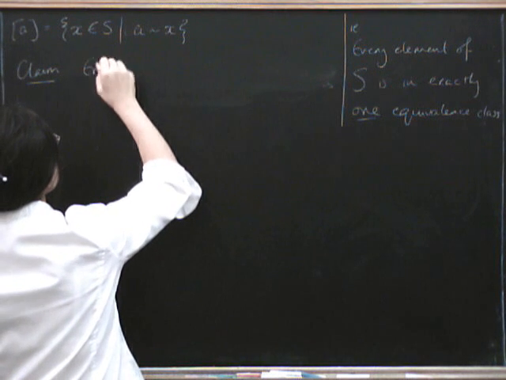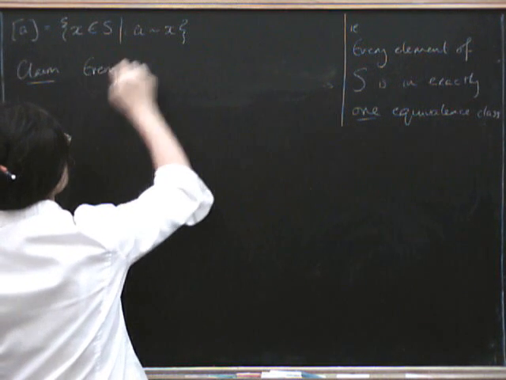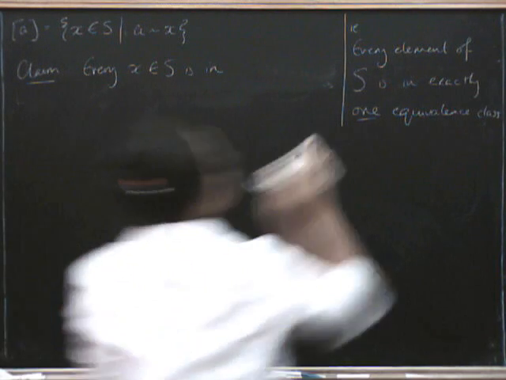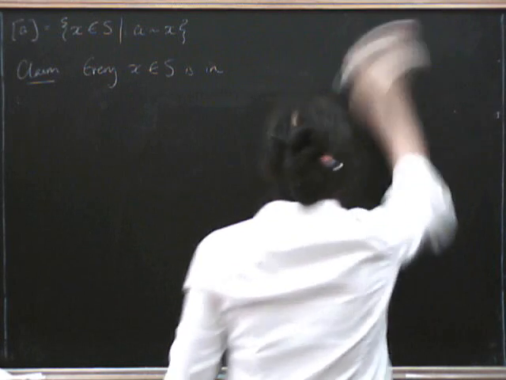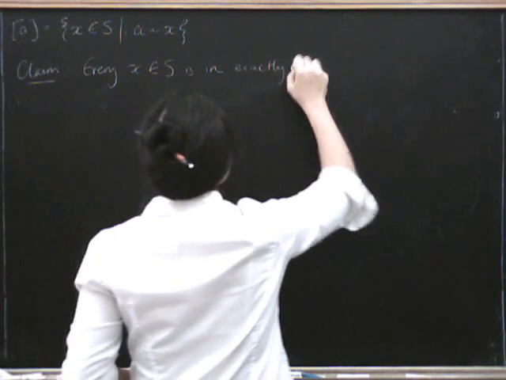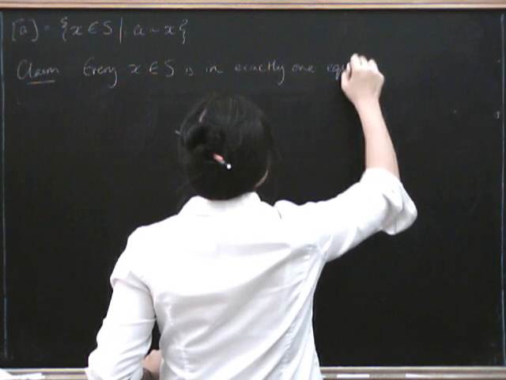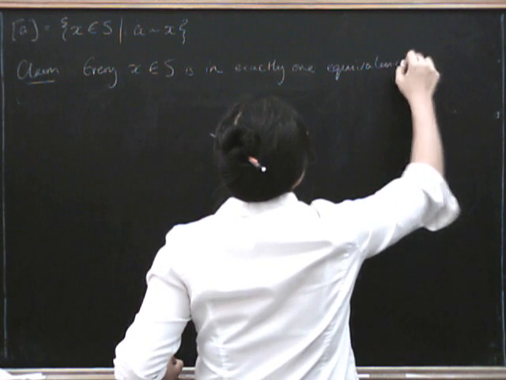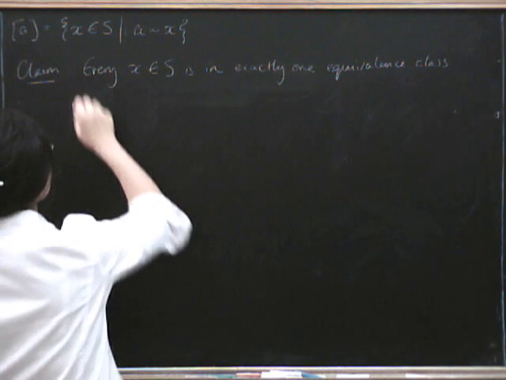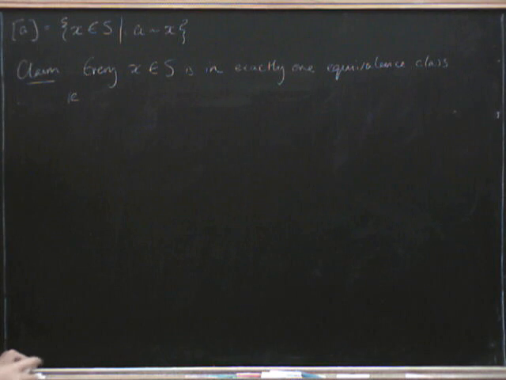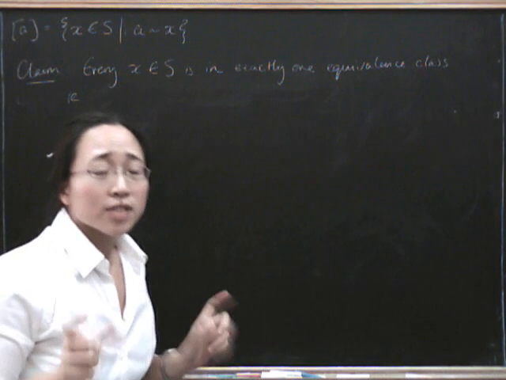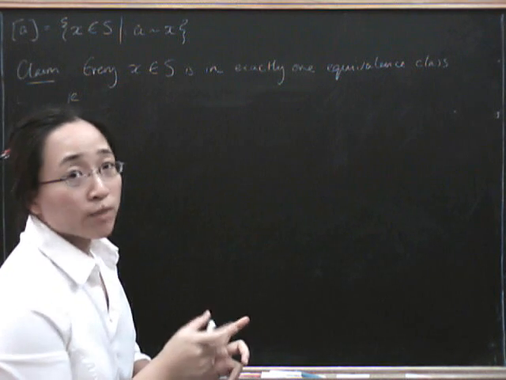Every X is in exactly one equivalence class, which is also the same as saying that if X is in two different equivalence classes, well, actually they had to be the same equivalence class.